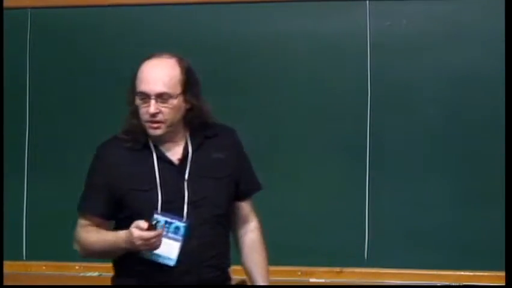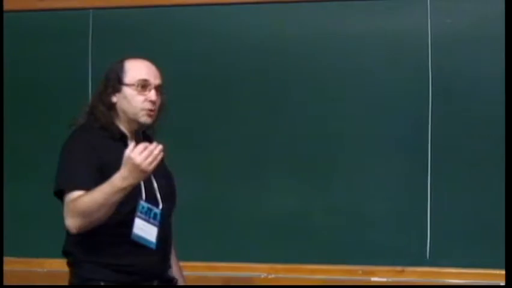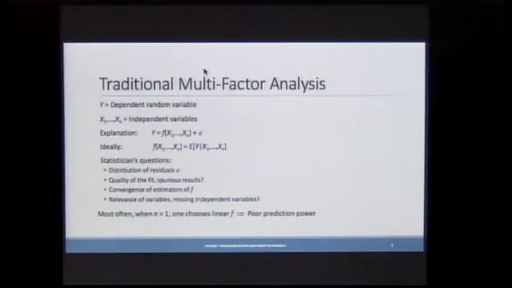We want to understand the behavior of assets. So let's see what the questions are. Of course, the benchmark is the traditional multi-factor analysis of an asset. You have an asset which I call Y. In statistics, you call it a dependent variable.